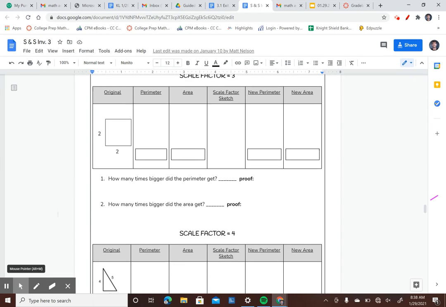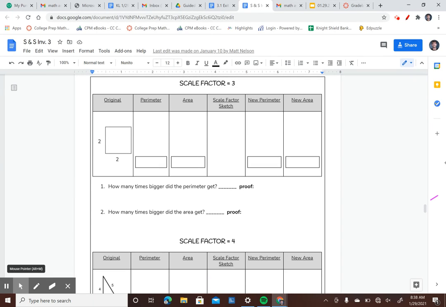All right, so now we're going to do a scale factor of 3. So I need to first calculate my perimeter of my original. So it would be 2 plus 2 plus 2 plus 2 gives me 8. My area would be 2 times 2, gives me 4. And then I need to sketch it with a scale factor of 3. So I need to multiply each of these sides by 3.